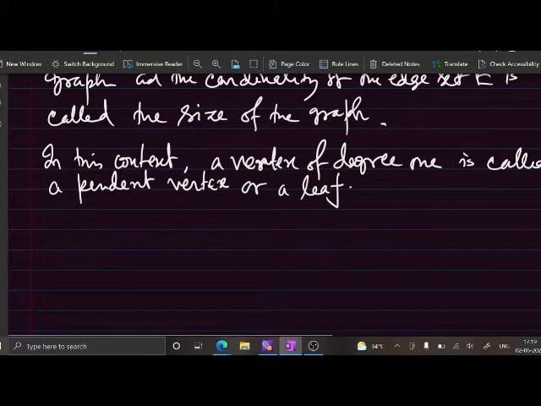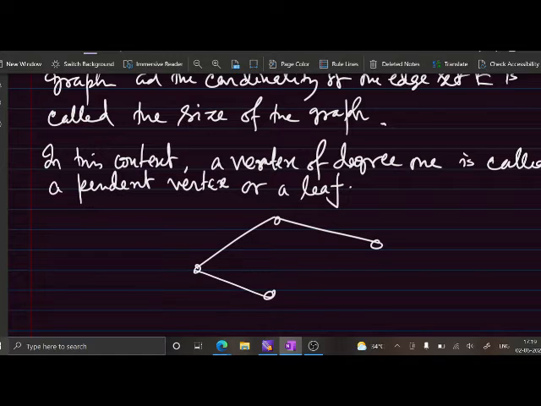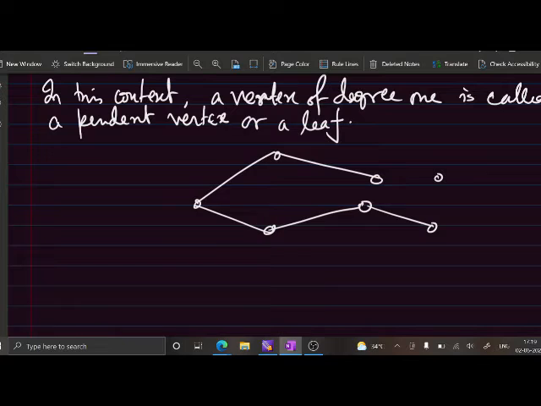That means if you take a graph, suppose this one, and here you take this vertex, this vertex is a pendant vertex, that is of degree 1, and this vertex is an isolated vertex.